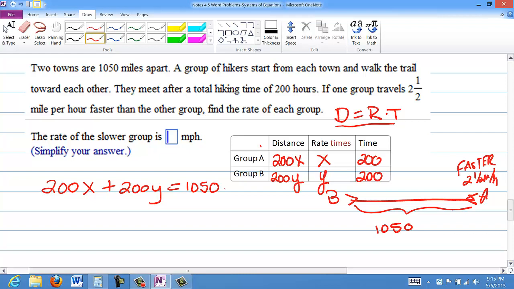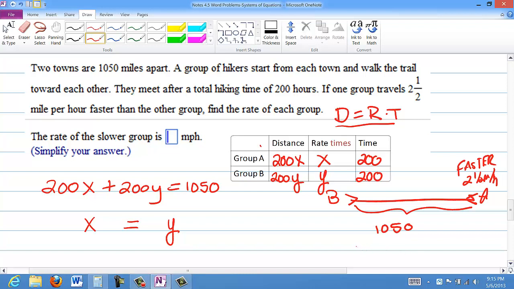Now, I need a second equation that relates the value of x and y. So I'm going to go ahead and put x and y. Now, they're not equal speeds. We know that group A, which is the one I picked here, I said they were faster by 2.5 miles an hour. So what does that mean?